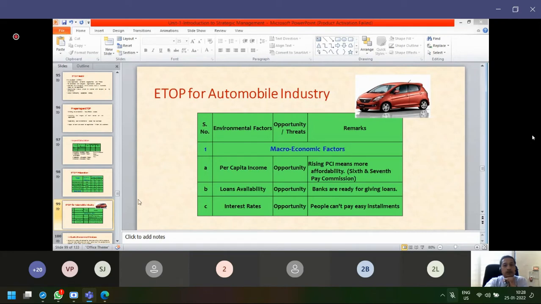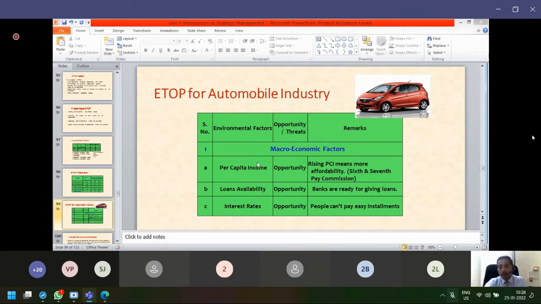Here you can see this chart: environmental factors, that is macroeconomic factors. Different factors are mentioned here, like per capita income, loans availability, interest rates. All these are macroeconomic factors. Based on the scores they have achieved, if it has a positive score, maybe +1 or +2, we can call it an opportunity.